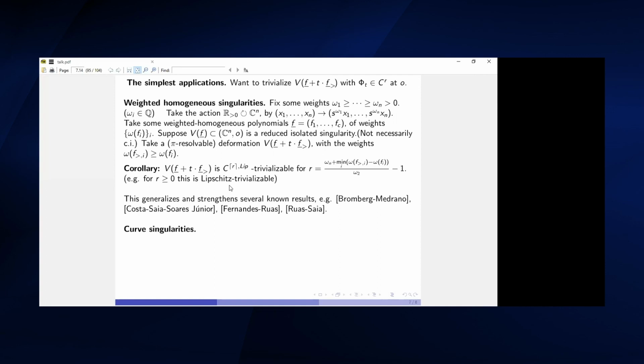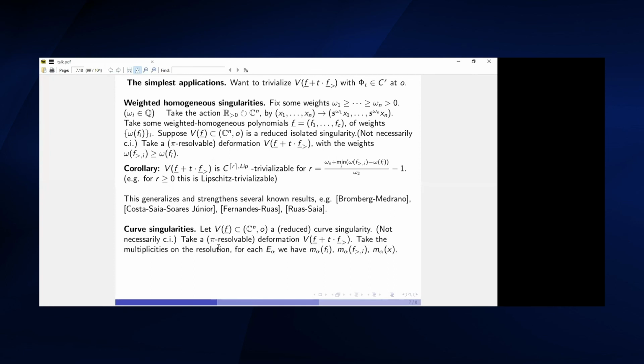Now, another application, to curve singularities. Let's start from a reduced curve singularity, not necessarily a complete intersection. Again, take a resolution denoted by pi, and take a pi-resolvable deformation.